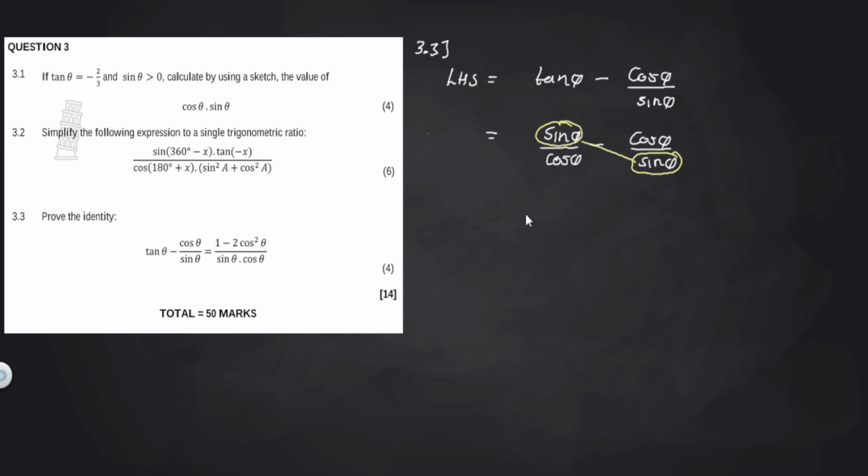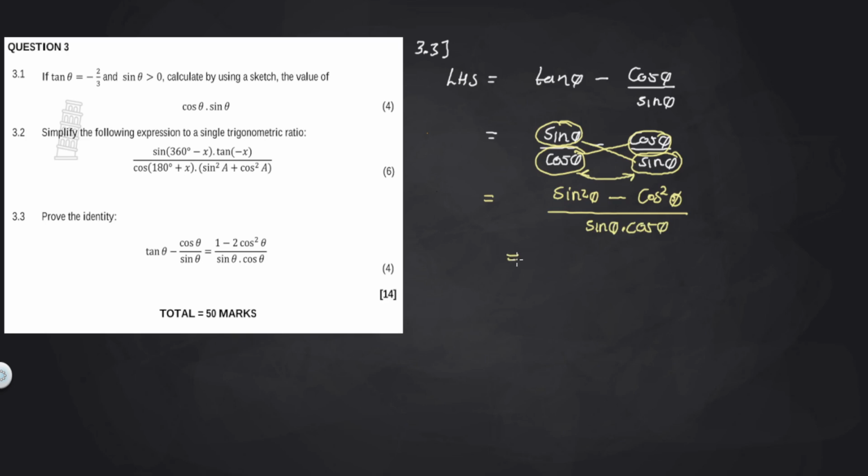Sine times sine, you get sine squared theta, minus this one times that, you get minus cos squared theta, divided by, then you come back and multiply cos and sine. Then I'm just gonna write it like the one on the right hand side: sine theta multiplied by cos theta.